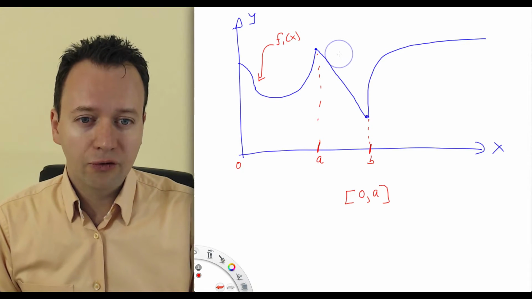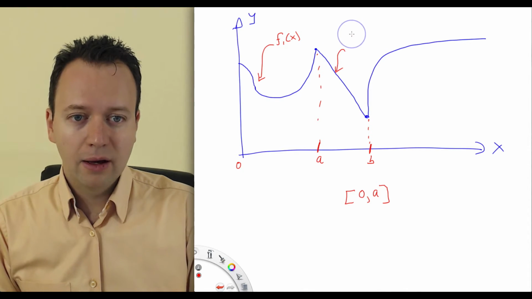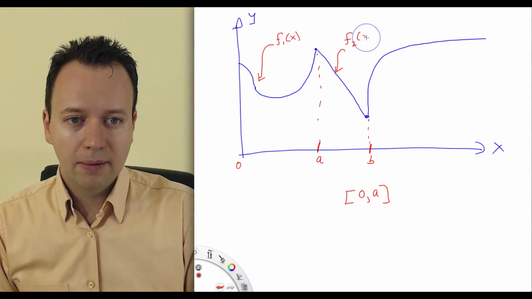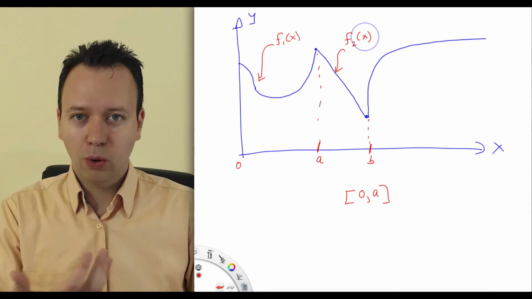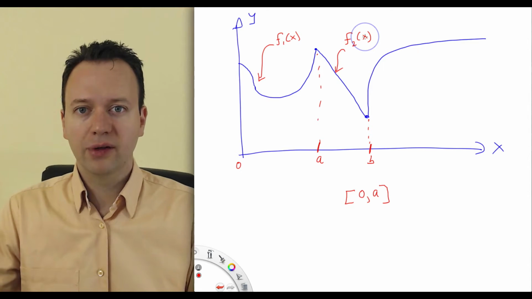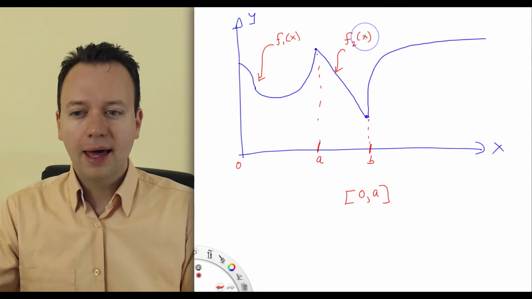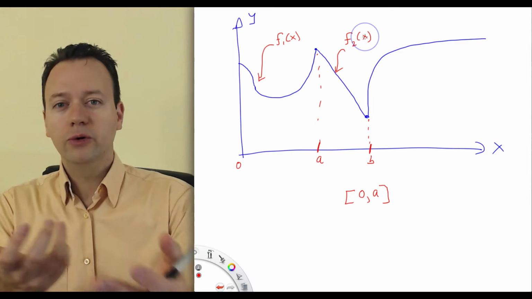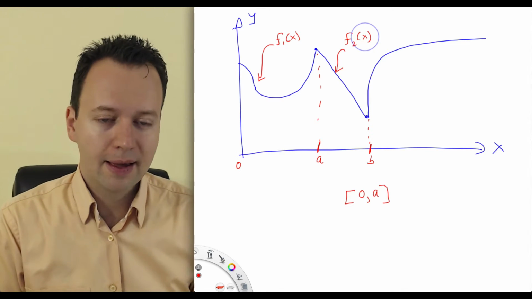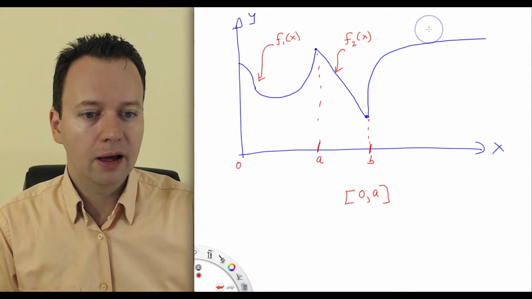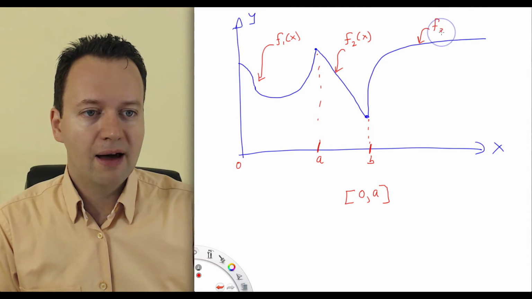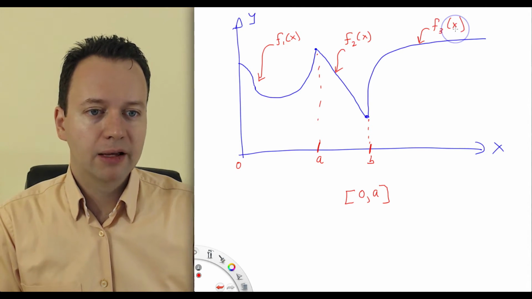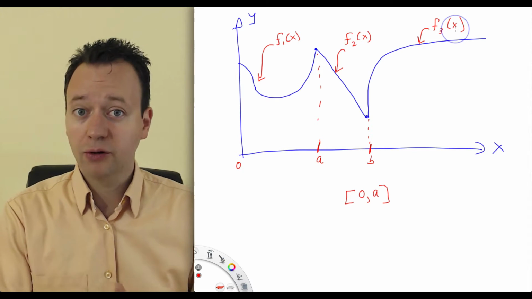On the interval from A to B, we might have a different function, so a different equation that describes this behavior. Now it's a linear function and it does something completely different than what it was doing on the interval from 0 to A. And then finally, on the third interval from B to, let's say, infinity, we have an f3 of x. So it's a new behavior again on this third interval.